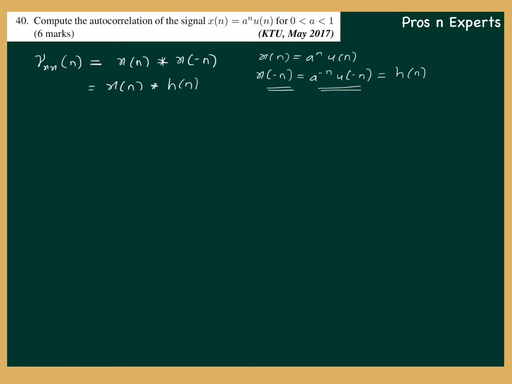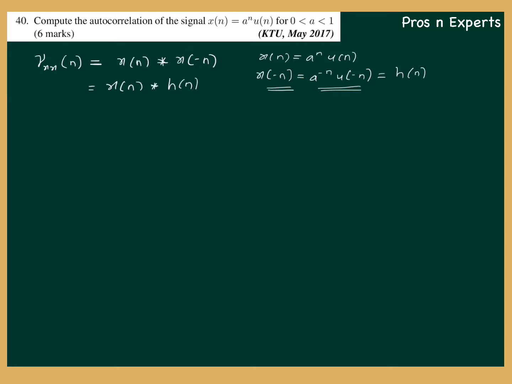Now, x of n is a raised to n u of n, which is an infinite signal. So is h of n. Okay, so we cannot compute this graphically, or we have to compute this convolution sum just in a way we have computed the convolution integral.